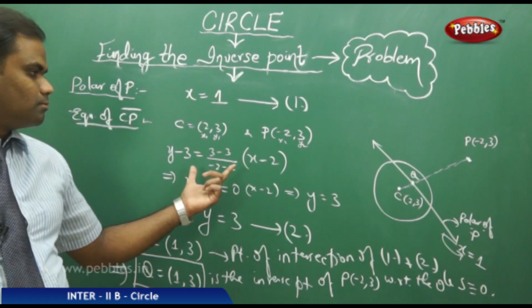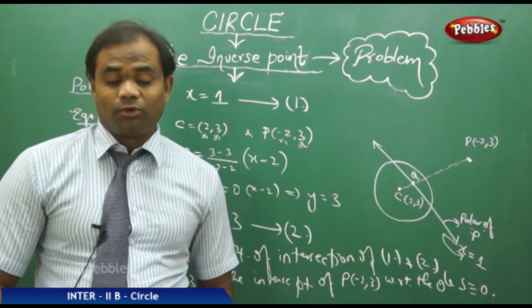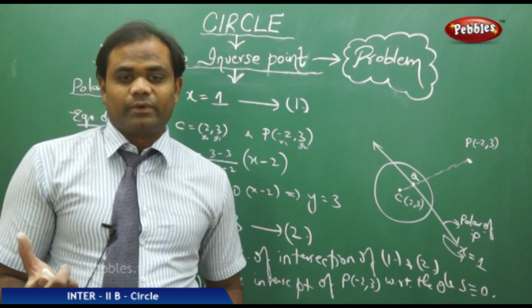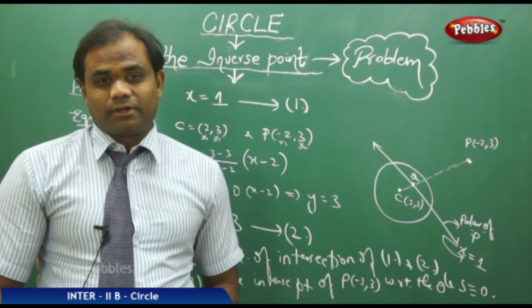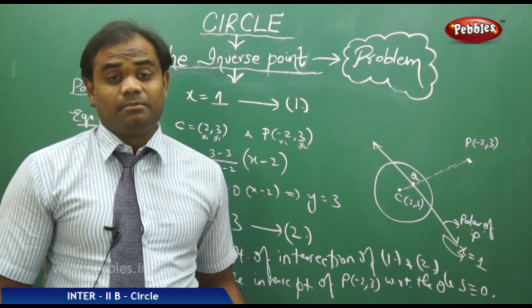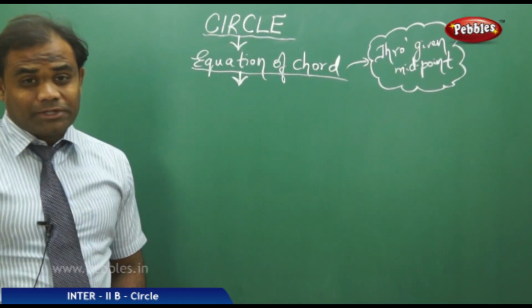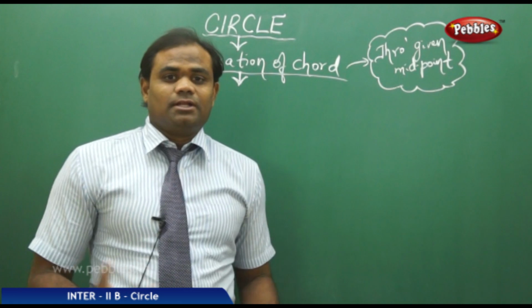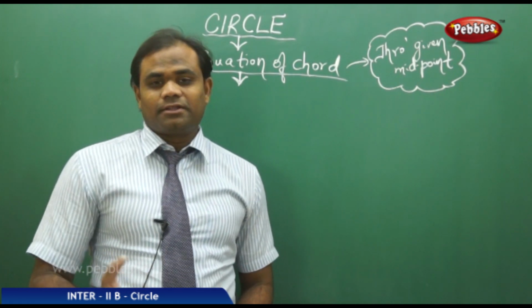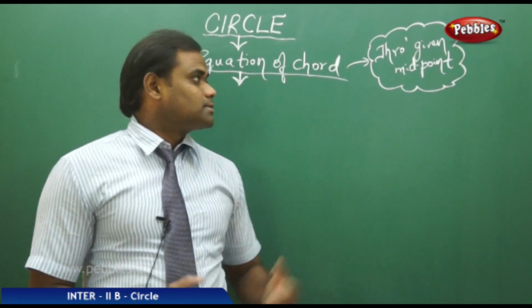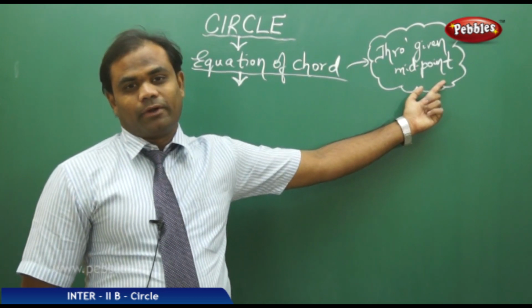So, finding of inverse points requires solving of two equations to find the point of intersection of two lines by elimination method. Now let's see how the equation of chord can be connected with the middle point, and hence finding the equation of the chord through its middle point, the given midpoint.